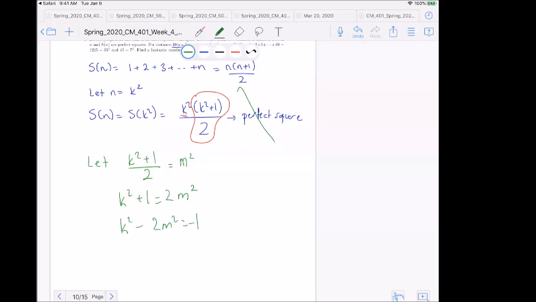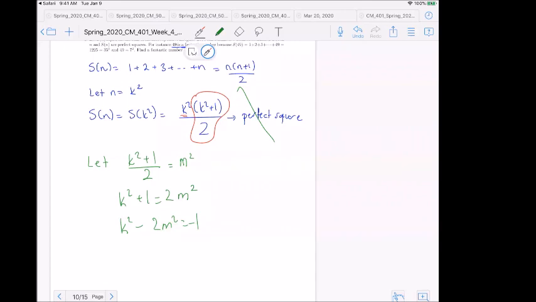In the question, we are given an example, 49. Basically, k is 7, and in this case, m is 5. That's what we are given as an example.